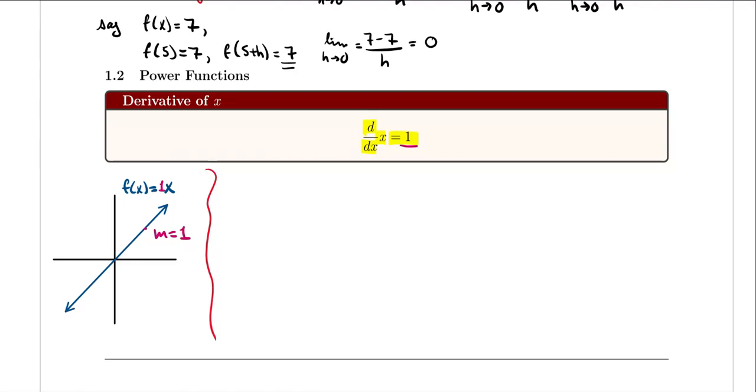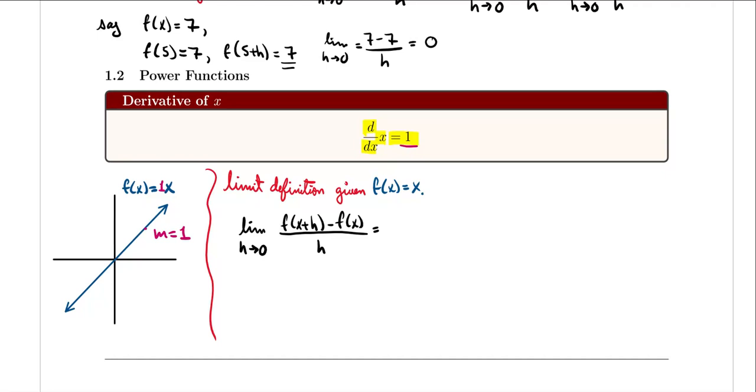All right, now this one here was the graphical approach. Well, what about the limit definition for the derivative? Okay, so we're going to get the limit as h approaches 0 for f of x plus h minus f of x all over h is going to be equal to, well, now let's see. If we're now inputting the x plus h into our function, we're going to get the limit as h approaches 0 for x plus h minus x all over h.